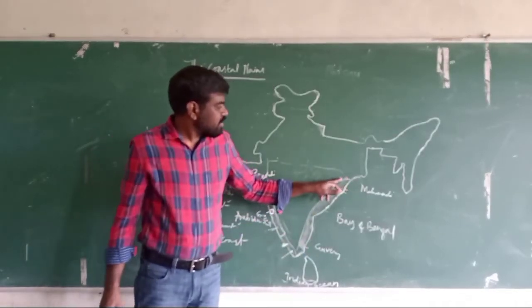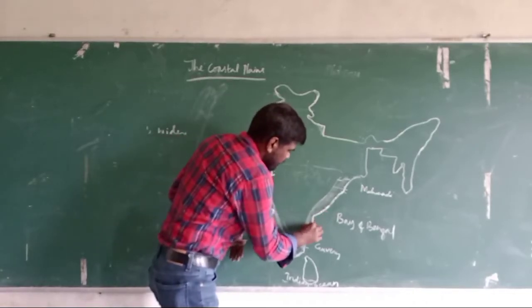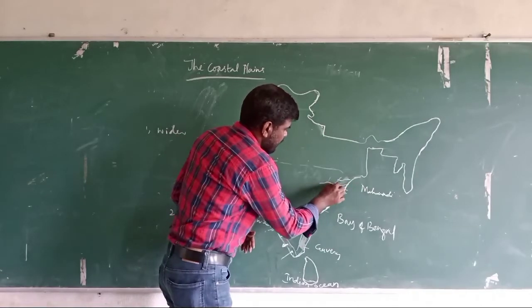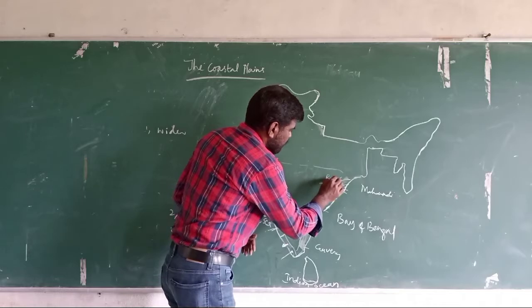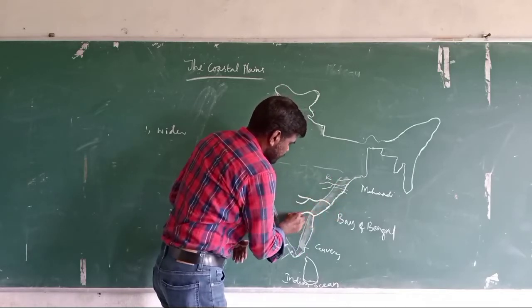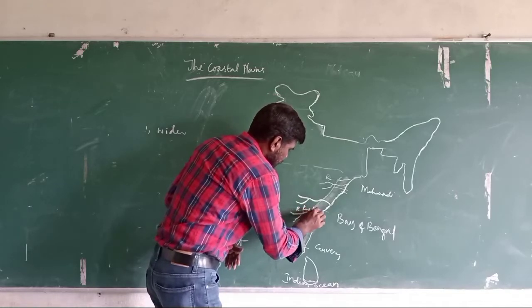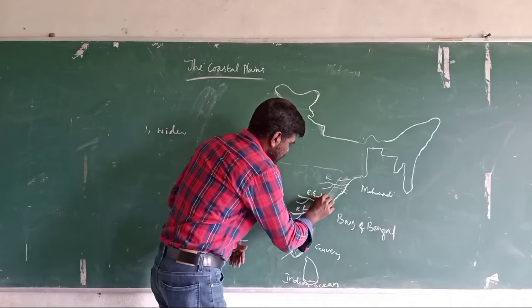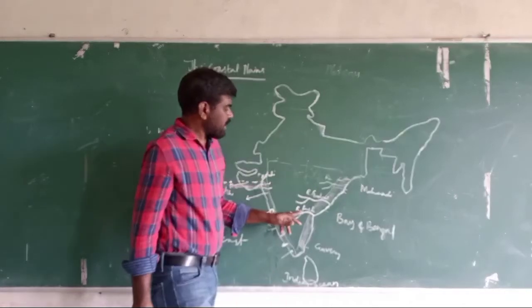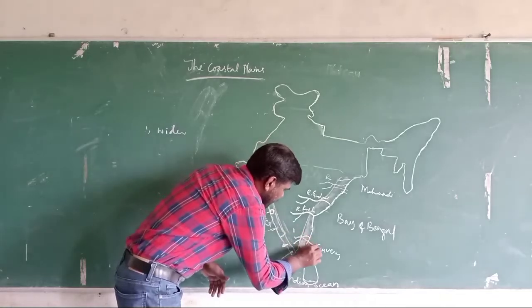These coastal plains are formed by the rivers Mahanadi, Godavari, Krishna and Kaveri.